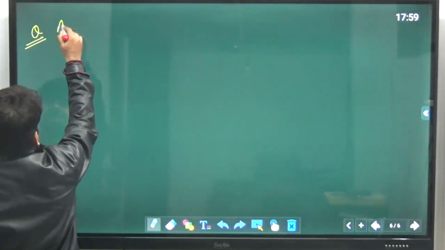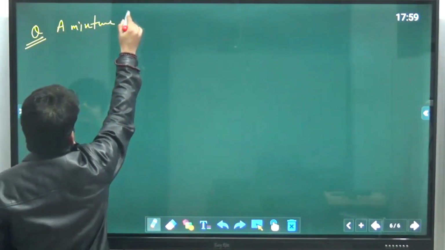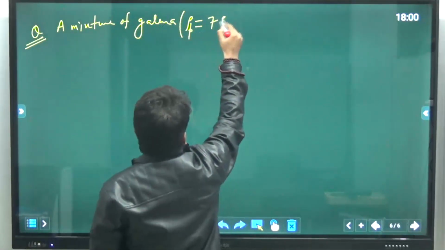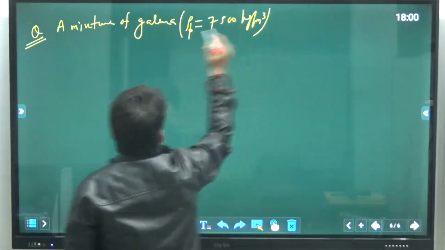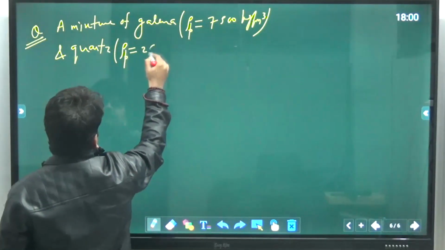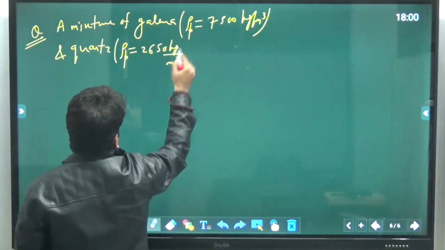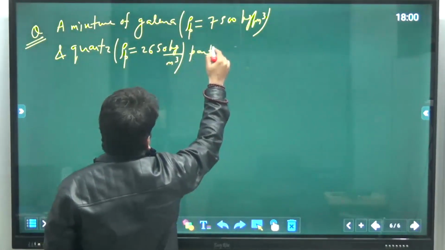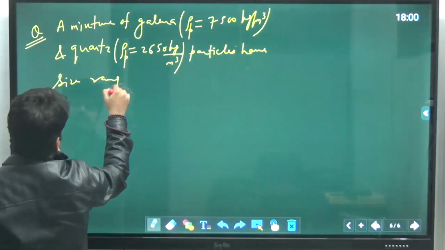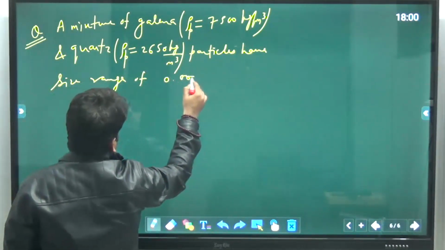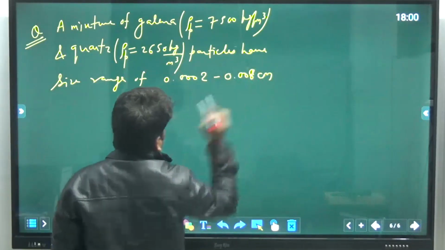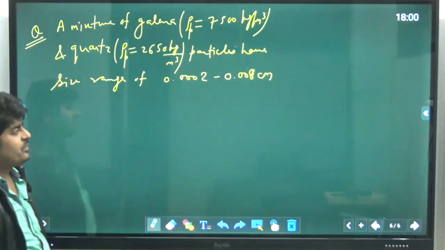So the question is: a mixture of galena and quartz particles have a size range of 0.00022 to 0.008 centimeter.